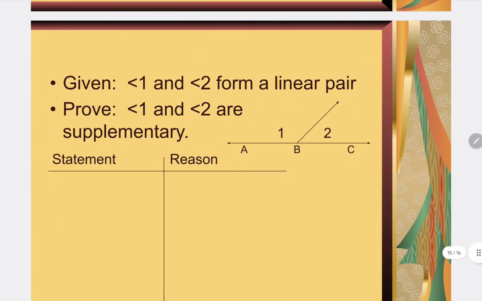So let's start by proving the linear pair theorem. If angles 1 and 2 form a linear pair, then angles 1 and 2 must be supplementary. So as with all of our other statements, we are going to start with the given.